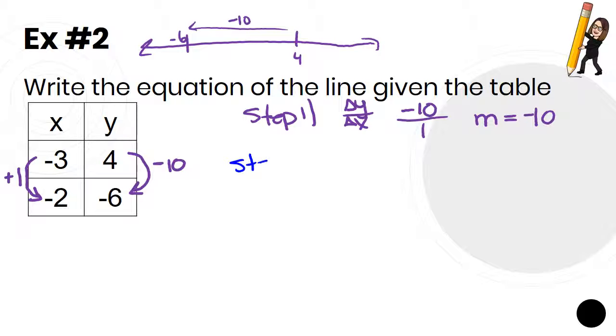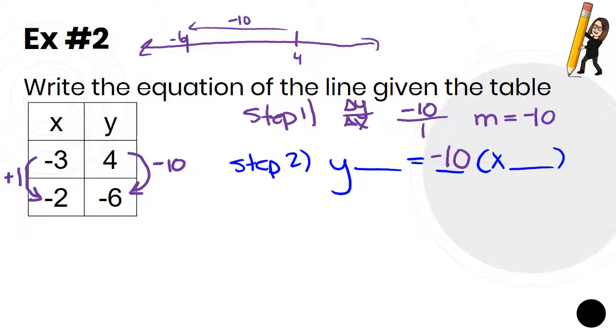Step 2, write the equation of your line. I don't say how, so you can leave it in point-slope form: y minus a y number equals slope times parentheses x minus an x number. My slope goes in front of the x every time. For my point, you get to pick a point.